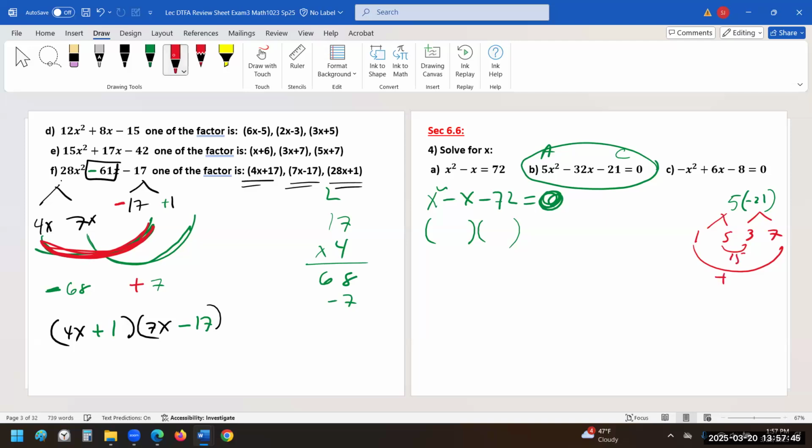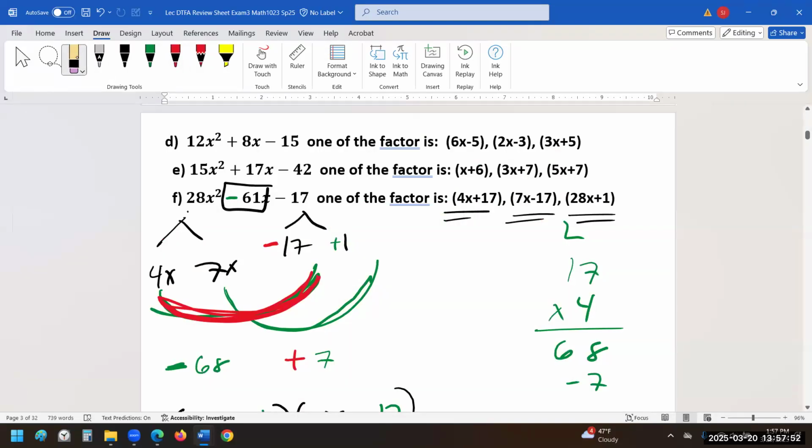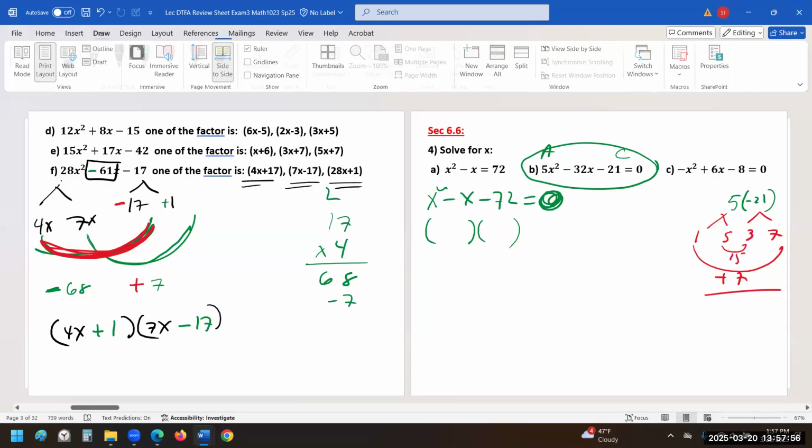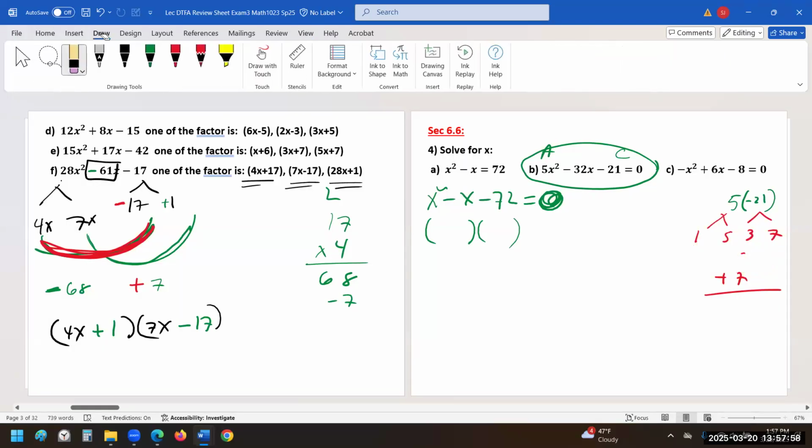We have 15 plus 7. We don't get 32. So instead of this pair, we are going to pair them the other way around: 1 with the 3, 5 with the 7. 3 times 1 is 3, 5 times 7 is 35. And yes, this gives us 32.